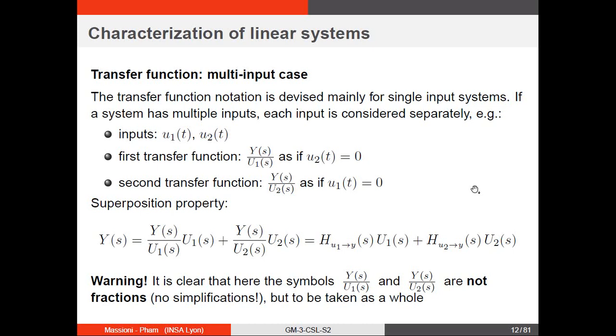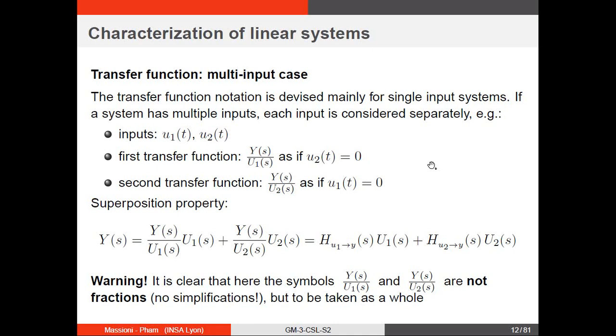For example, we have two inputs and one output y. Due to the linearity of the system, and this is one of the properties of a linear system, you can compute y as the result of the contribution of u1 and the contribution of u2 as if the other one was 0, and then sum them up together. If you remember, this is exactly what I call the superposition property.